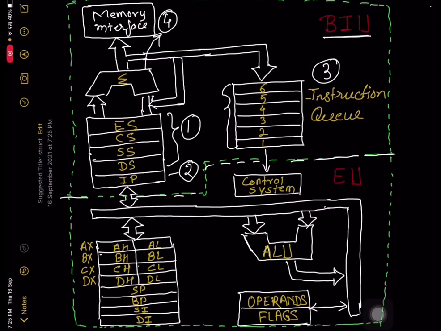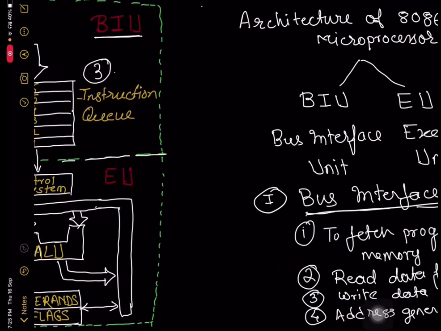So the bus interface unit mainly has 4 portions. The first represents segment registers, the second the instruction pointer, the third the instruction queue, and the fourth the memory interface. Now these 4 parts we need to discuss in detail one by one.